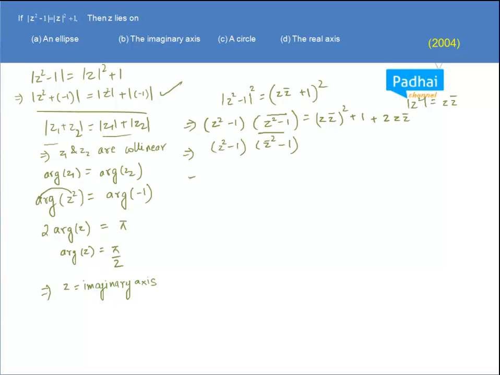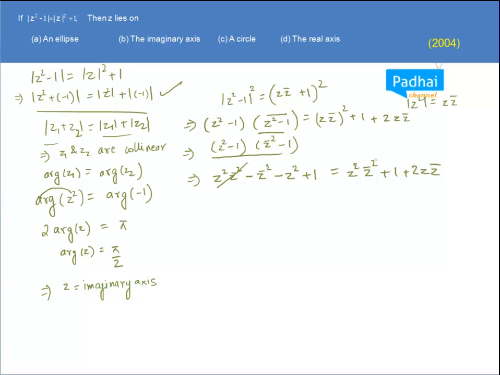I am just first of all multiplying the LHS. The first time if I multiply, then it would be |z|⁴, then minus z², then minus z̄², then plus 1. And now I am writing down the RHS. This will be |z|⁴ + 1 + 2|z|².